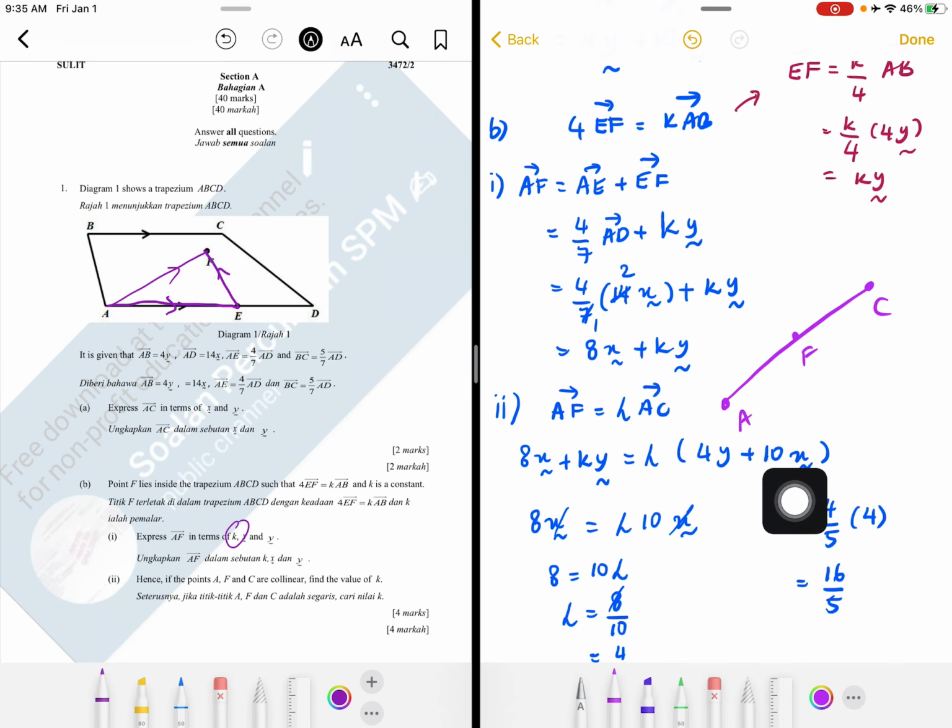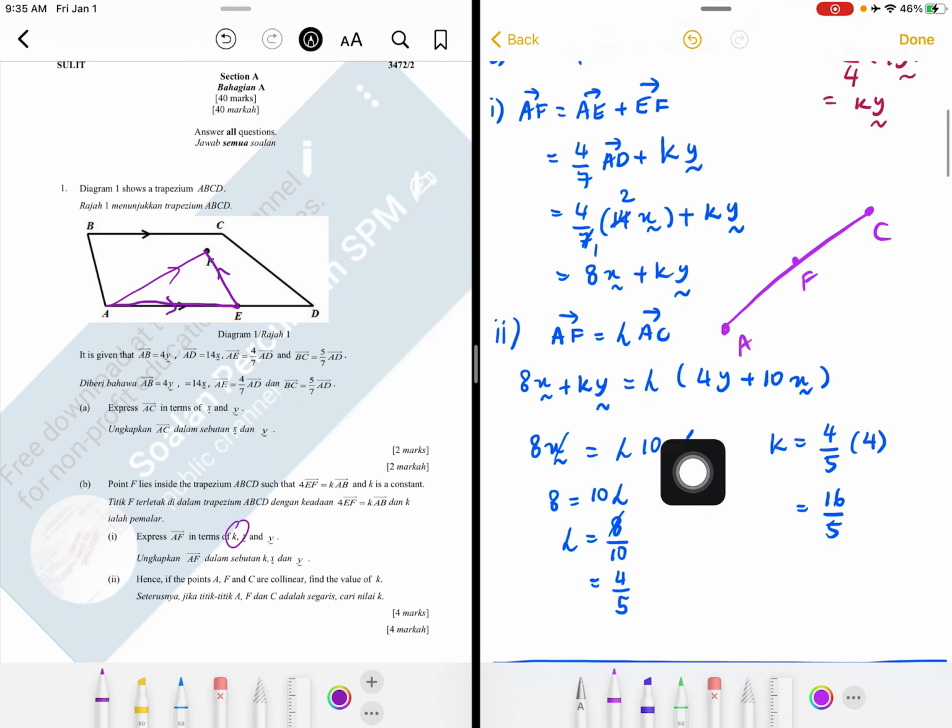It's up to you, as long as you know it must be represented by a constant, lambda, to show that they have a ratio between each other, so that they are collinear.